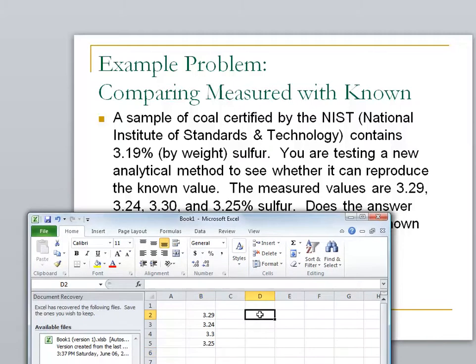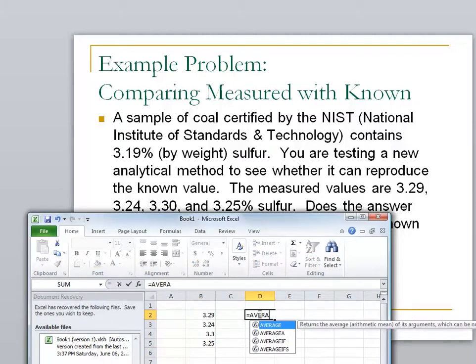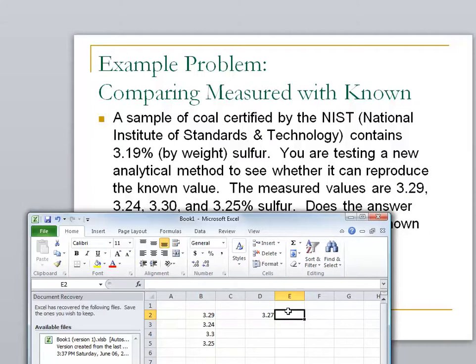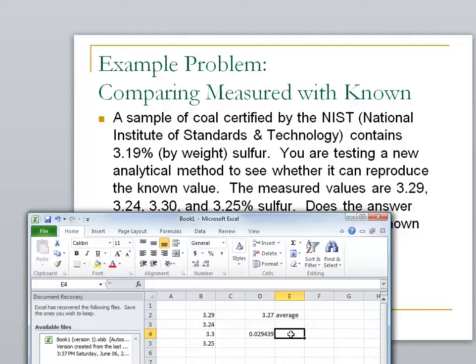And I want the average, so equal the word average, open the parentheses up, highlight the data and hit enter. So there is the average. I'll just write average beside of it so I know what it is. And then standard deviation. So equals STDEV, open the parentheses up, highlight the data, hit enter, and this is my standard deviation.